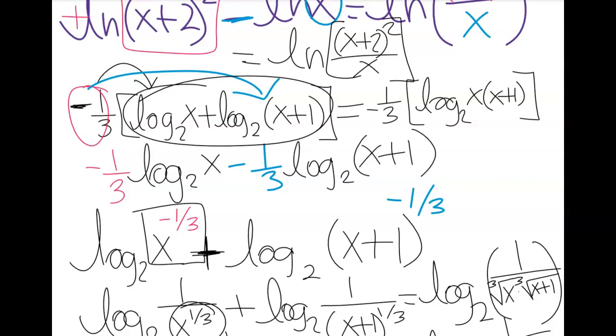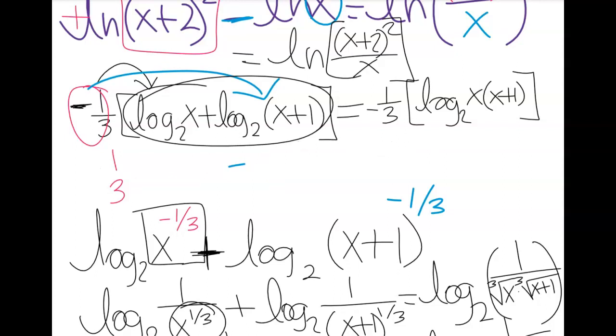And I'm going to just make some room here. So then from there, we could have said that's going to be negative 1/3 log base 2 of x squared plus x.